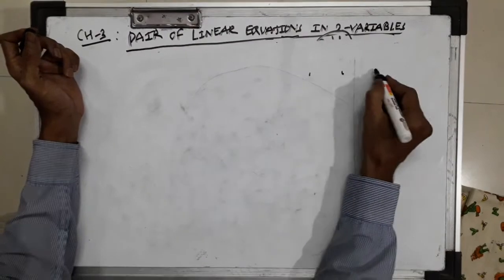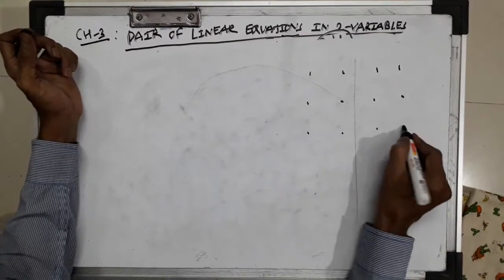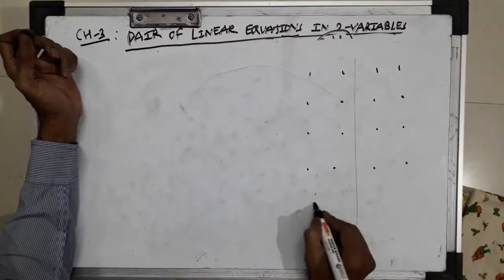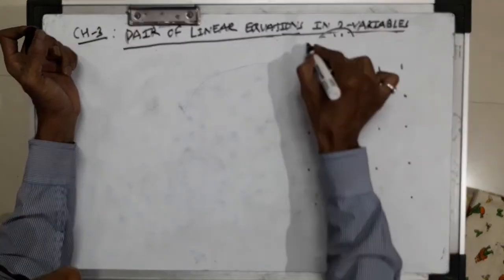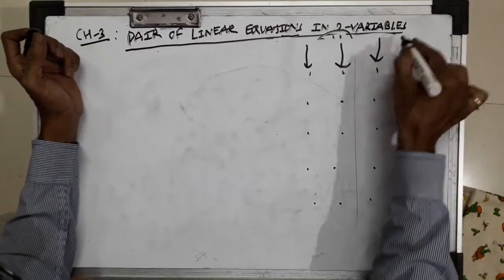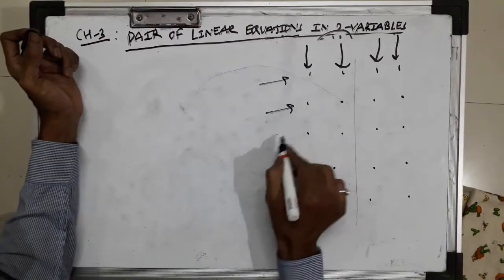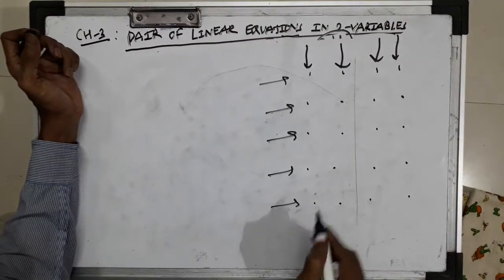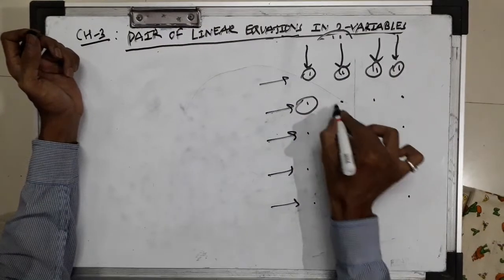Suppose 1 2 3 4, 1 2 3 4, right? Now see, these are the 4 columns, and these are the number of rows. On this basis we are going to take one example.